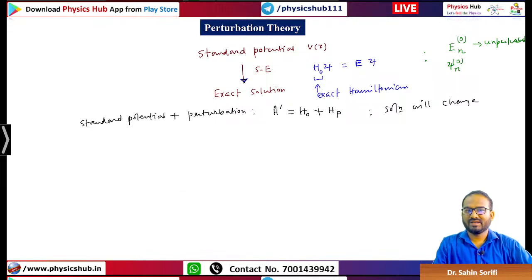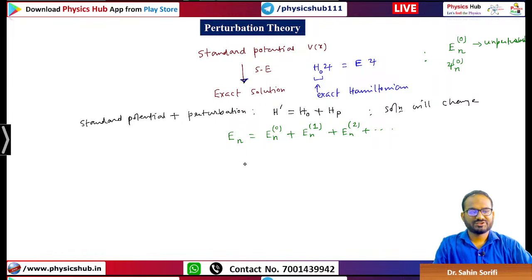Now, when we have this perturbation, then the energy is changed. New energy will be the unperturbed energy plus the correction due to perturbation. The correction can be done in different orders. The greatest correction may be the first order correction, maybe some other corrections, a second order correction and so on.